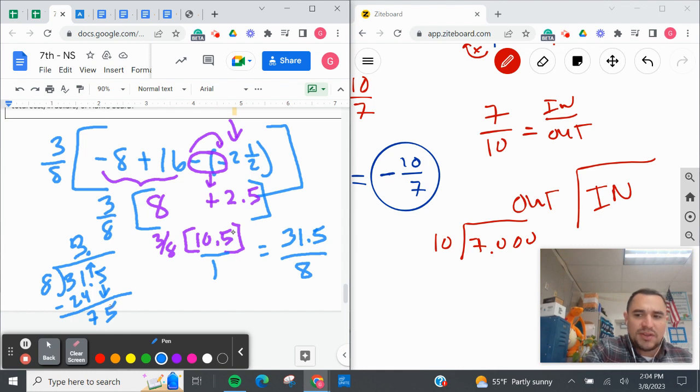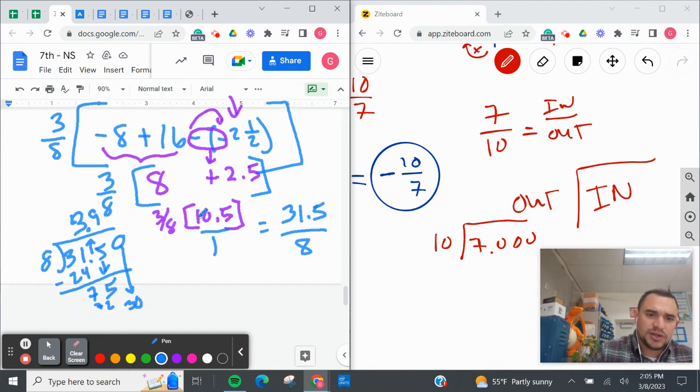And 8 into 75 is going to be, let's see, 9? 9, 18, 7. Yes, 9. 9 times 8 is 72. So I have 3 left over. Bring down the 0. Just keep scooting up a little bit.